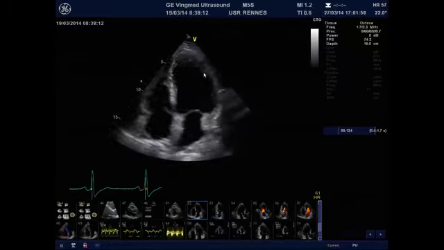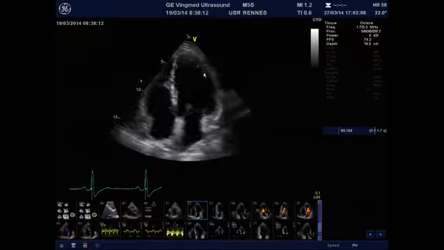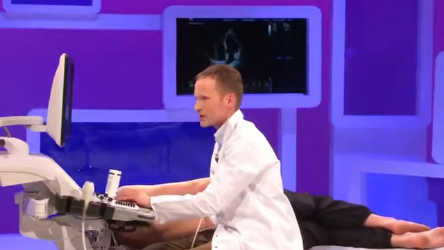Using these views, we can assess visually the LV systolic function globally, and we can also look for any kind of regional heterogeneity in LV systolic function.